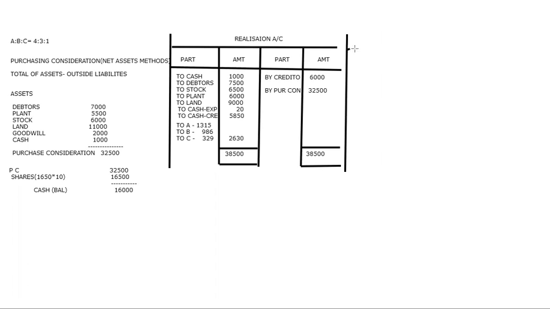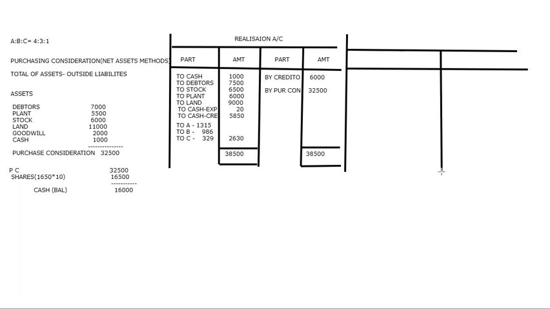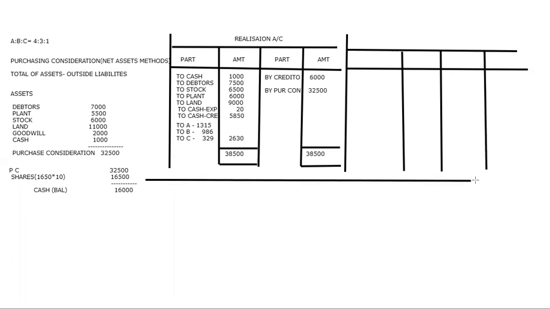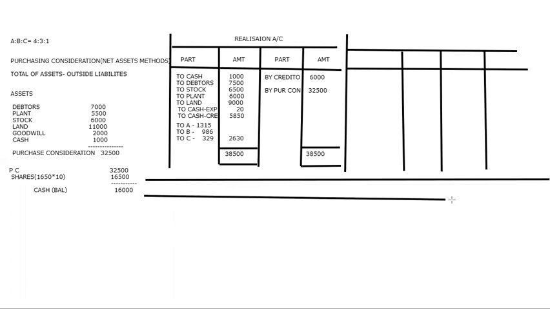So here I'm drawing my cash. Simultaneously, I'm going to draw the capitals of A, B, and C, because we will not have many transactions. We can complete it in this part only.